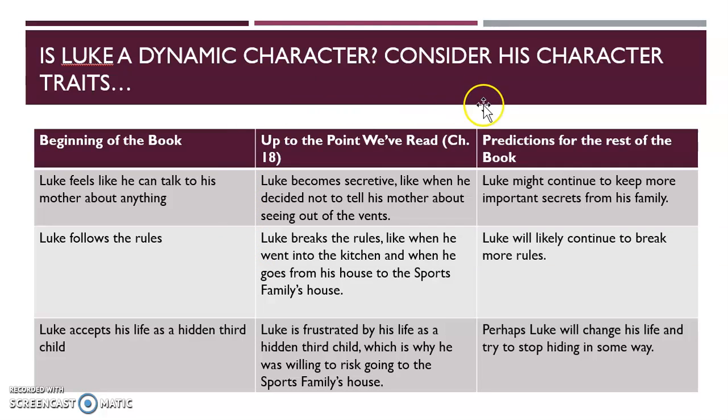If we think about the rest of the book, although we haven't read it yet, we might predict that Luke could continue to keep more important secrets from his family, that Luke would likely continue to break more rules, and perhaps Luke will eventually try to change his life and try to stop hiding in some way. On this course of action, we realize that Luke will probably continue to change even more before the end of the book. Therefore, Luke is a dynamic character.